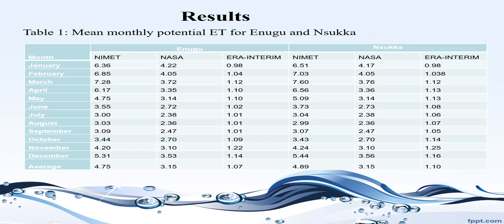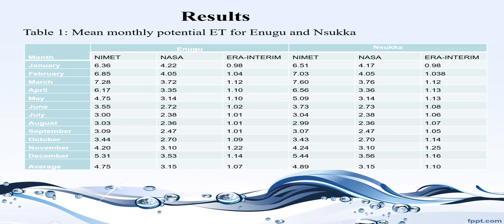Now, comparing Enugu and Nsukka is similar. They have a similar trend. NIMET has its peak in March and NASA its peak in January. So we can say that our evapotranspiration varies with month, both for Nsukka and Enugu station.